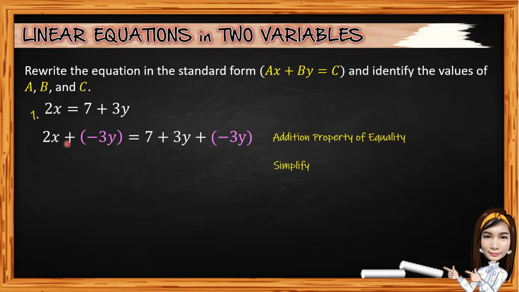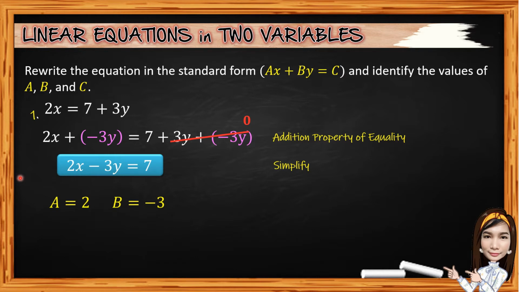Then simplify: 3y + (-3y) is equal to 0. Then positive times negative will become negative. So we have 2x - 3y = 7. And that is written in the standard form ax + by = c, where a is equal to 2, b is equal to -3, and c is equal to 7.